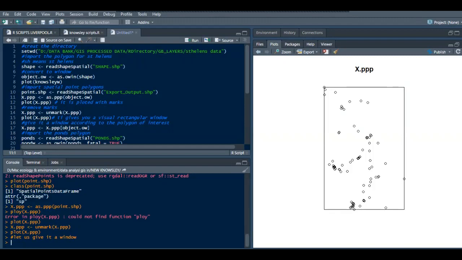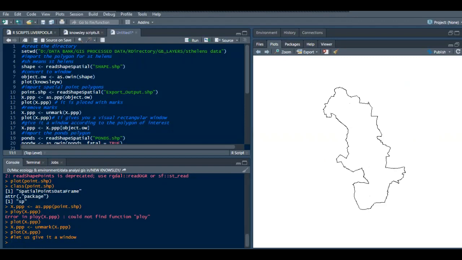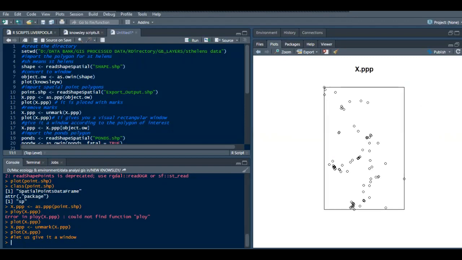To give it a window, remember the polygon that we brought in. We want to enter those points into this polygon to act as a window. If you remember my introduction very well, then you can follow properly. I'm going to maintain the name of the point pattern, after all, I don't want it again. We bring this same point pattern, and then we use those square brackets, and write object.window.